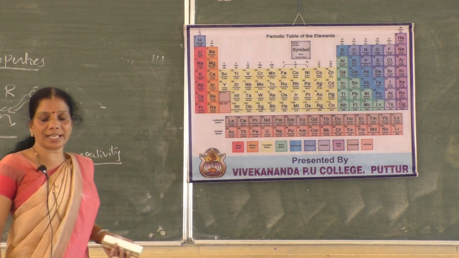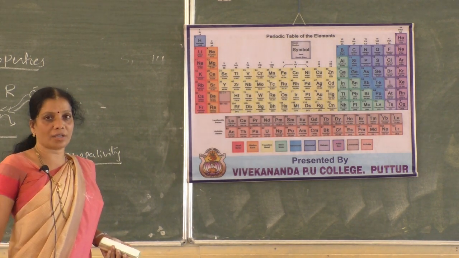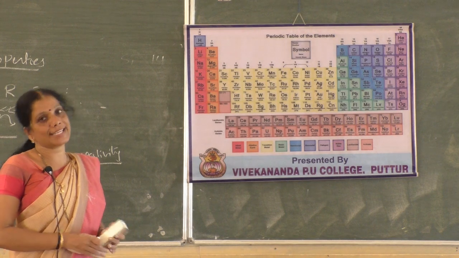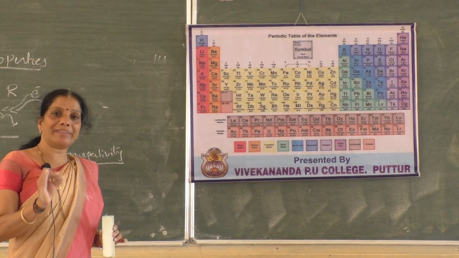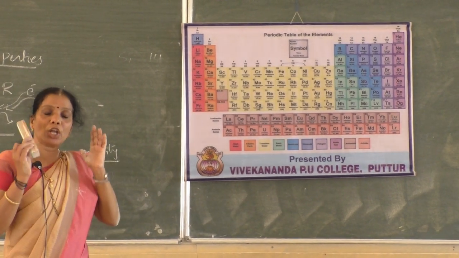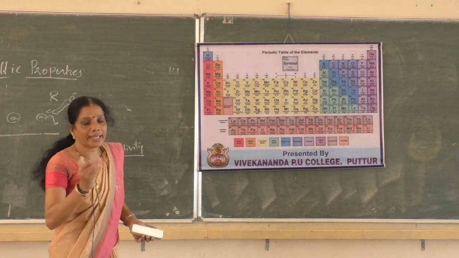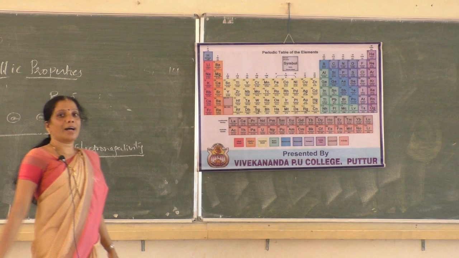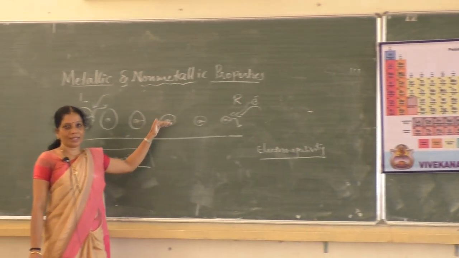Very difficult to lose the electron, but very easy to gain the electron. Electron gain tendency is always called electronegativity. Electronegativity is directly proportional to the non-metallic property. Non-metals always have the tendency to gain the electrons. I hope the concept will be clear for you.